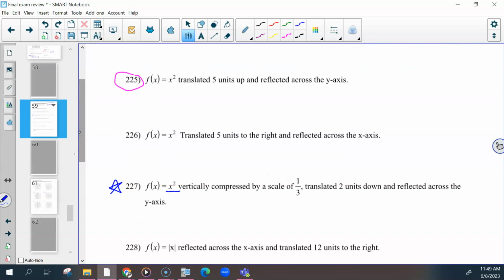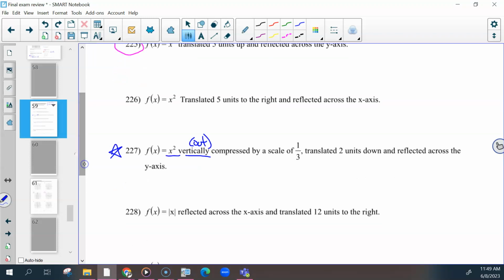So for 227, our parent function here is x squared, so we're going to be using that first one. It tells us it's vertically compressed by a scale of 1/3, so this is going to be outside. And this would be our A. Translated 2 units down. Down is vertical. So that's also going to be outside.